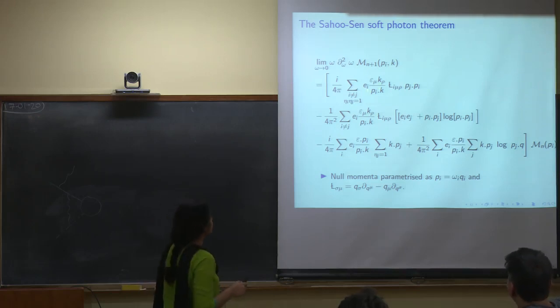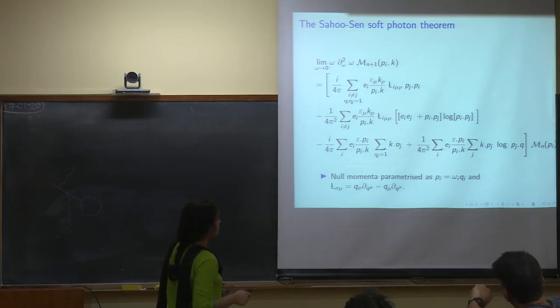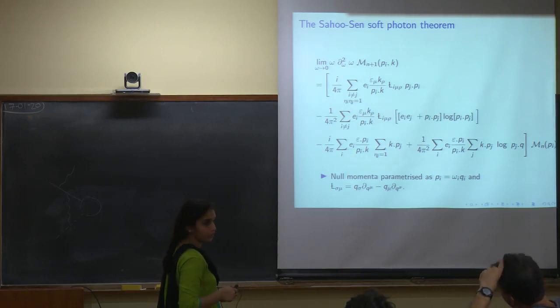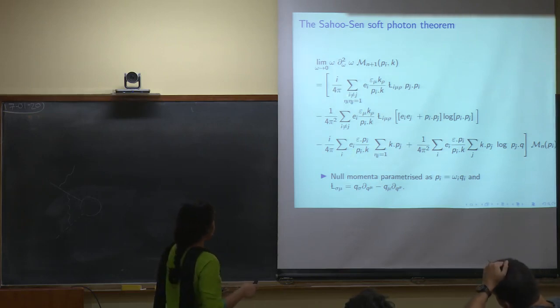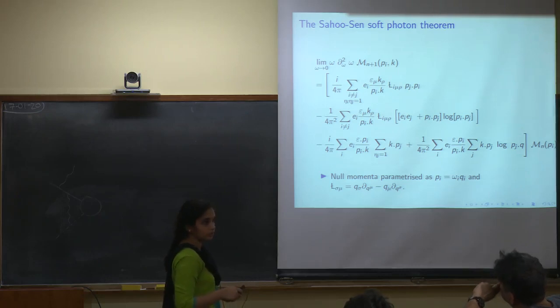It just depends on charges, momenta, this kind of thing, and what we see is these two terms look similar, and these two terms look similar in the sense this is the S0 factor. Later on we'll see that these two terms have similar origins, and these two terms have similar origins.